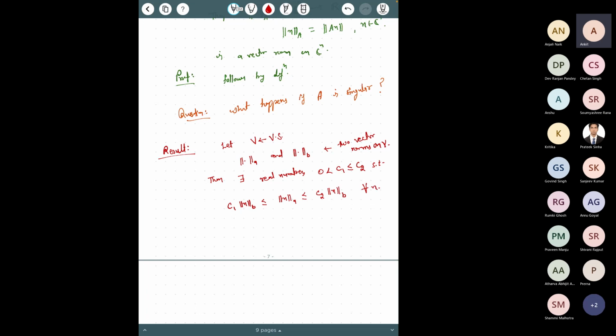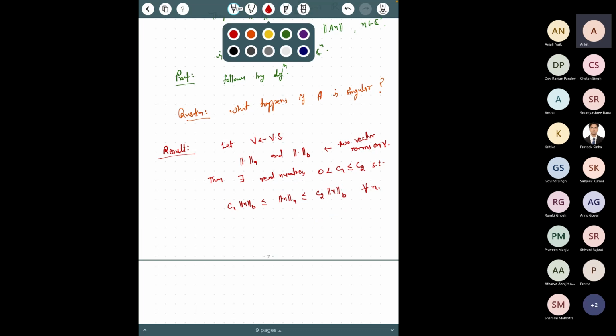Okay. So when I say that two norms are equivalent, I mean that there exist two real numbers C1 and C2, such that this inequality is satisfied for all vectors x. Right? So how to prove this?